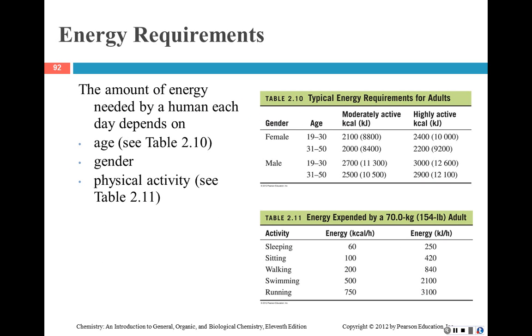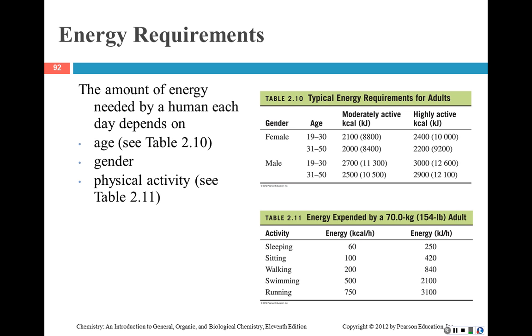So people need somewhere between 2,000 and 2,200 Calories a day for energy. We expend energy as well, and so if you don't want to gain weight, what you do is you make sure that you balance how many calories you take in versus how many calories you use.